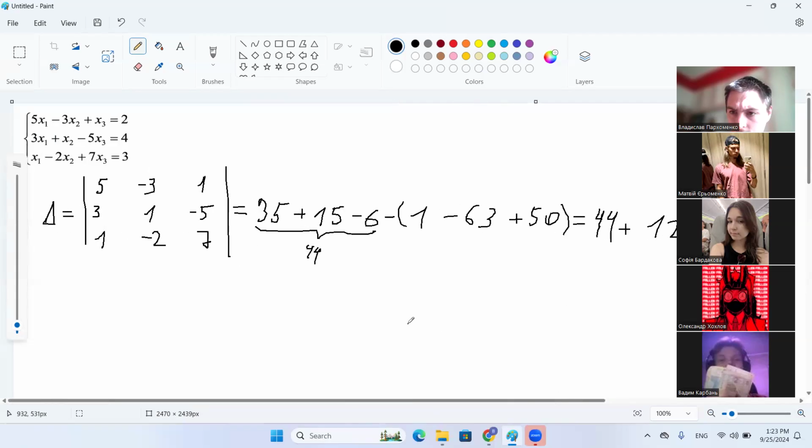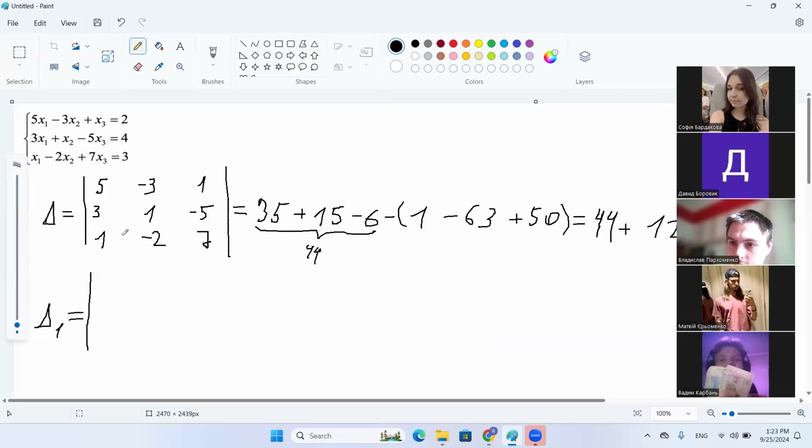If I'm not mistaken, Dmitro raised his hand. And which determinant do we have to calculate now? How will it change? We have everything we need, all conditions. So Dmitro, go on. How is this determinant changed if we look at this one, delta without indexes? Or maybe anyone else.